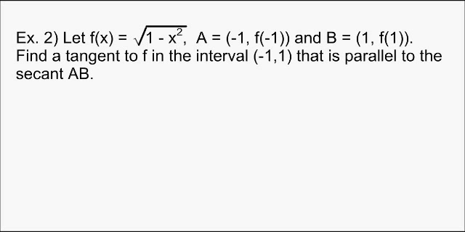Example 2. Let f of x equal the square root of 1 minus x squared. A equals -1, f of -1, and B equals 1, f of 1. Find a tangent to f in the interval -1, 1 that is parallel to the secant AB.